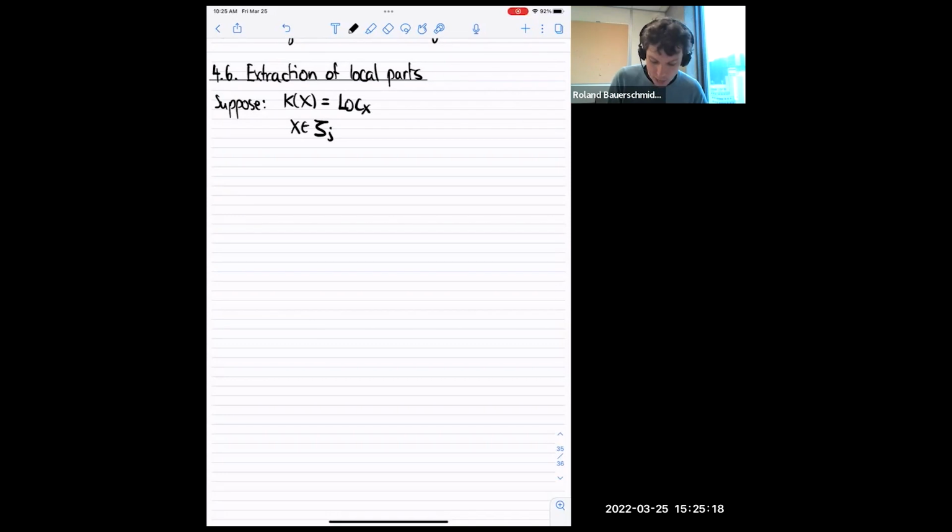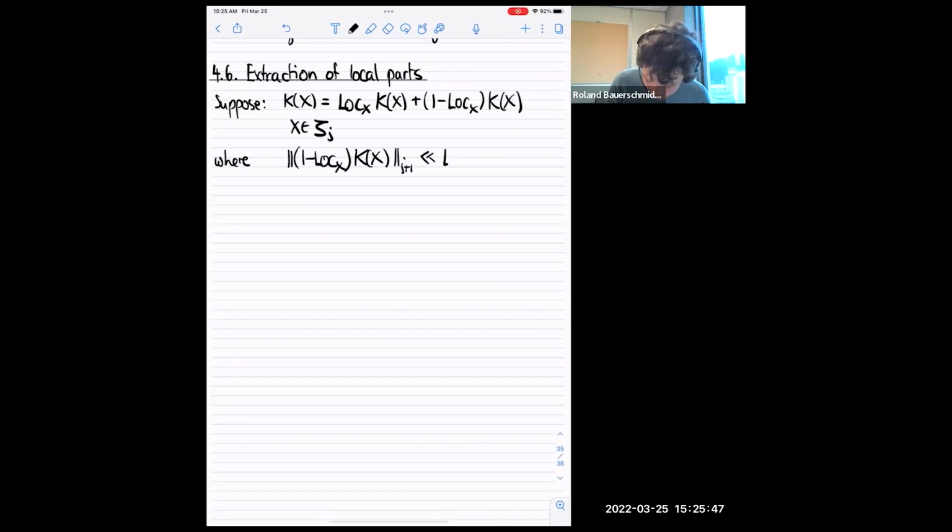One I'm going to call log X of K of X, and the other one is 1 minus this. The basic property we want is that the norm of 1 minus log X kx is much smaller than L to the minus D, the norm of K.